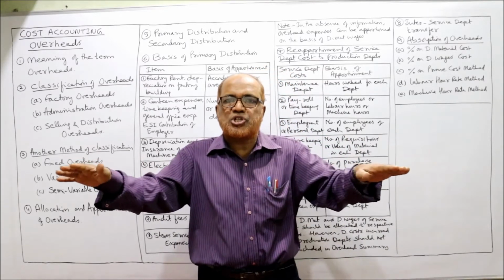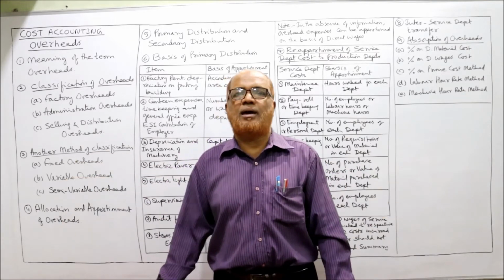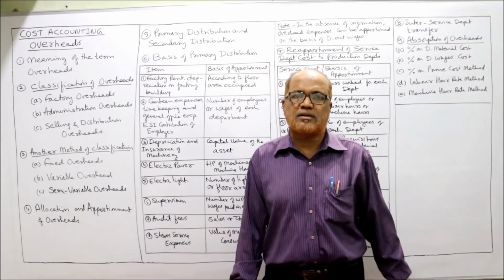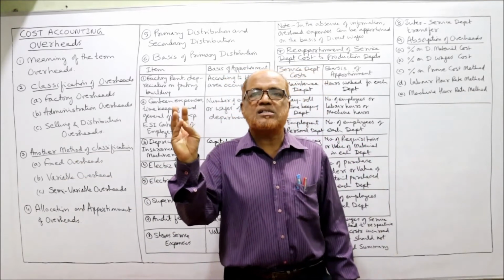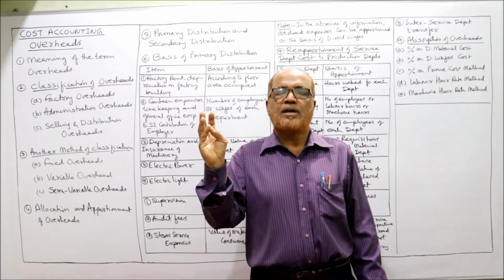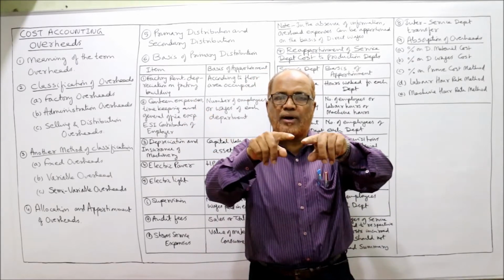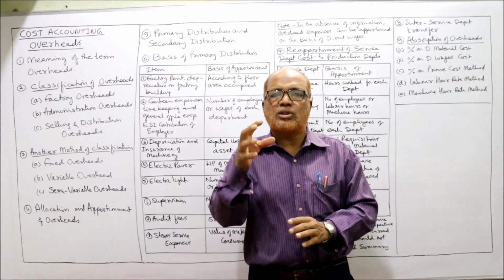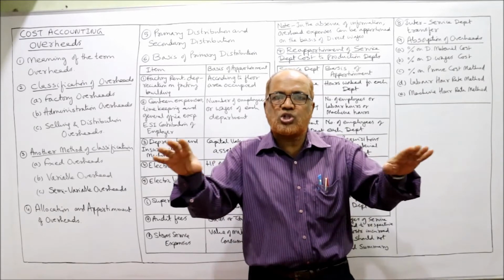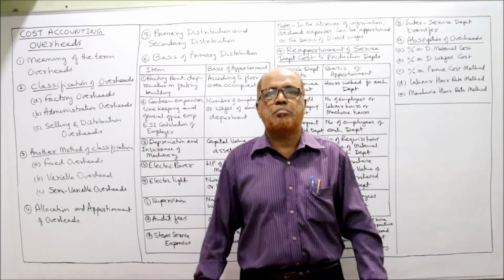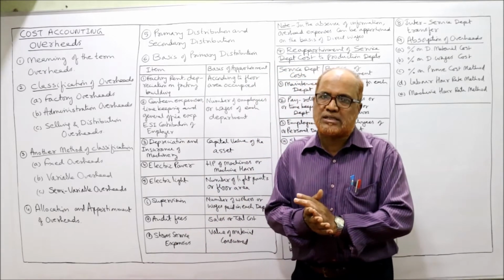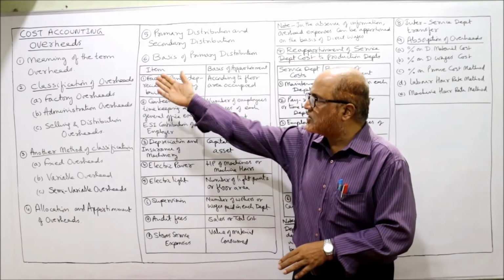It has to be distributed, apportioned among all the products. That is overhead. So in simple words, overheads are the indirect cost, the cost which is incurred commonly on all the products. So there is a need to apportion the cost on all the products made. This is overhead. So I explained to you the meaning of the term overheads.